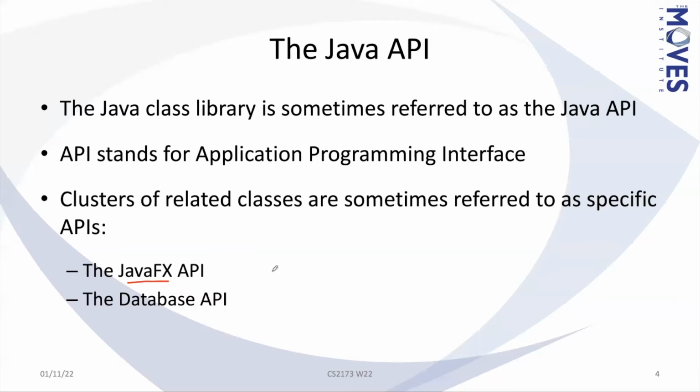Since then, what Oracle did was they took Java FX out of the standard class library. So it is no longer the preferred one, although it's still available as a third-party library.